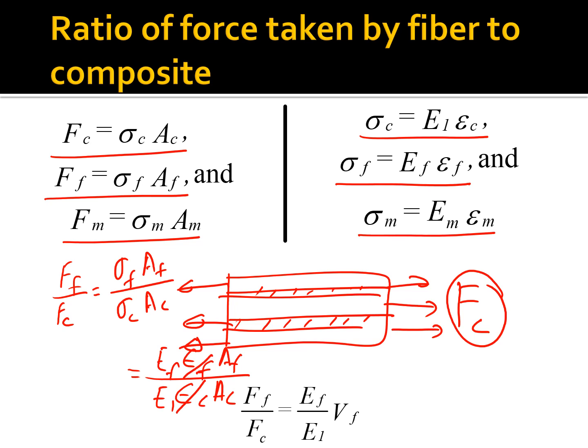But this and this are going to cancel because the strains will be the same. So we'll get EF by E1 times AF by AC, which is nothing but the volume fraction of the fibers right there. So that is the formula for how much of the load is taken by the fibers relative to that of the composite itself.